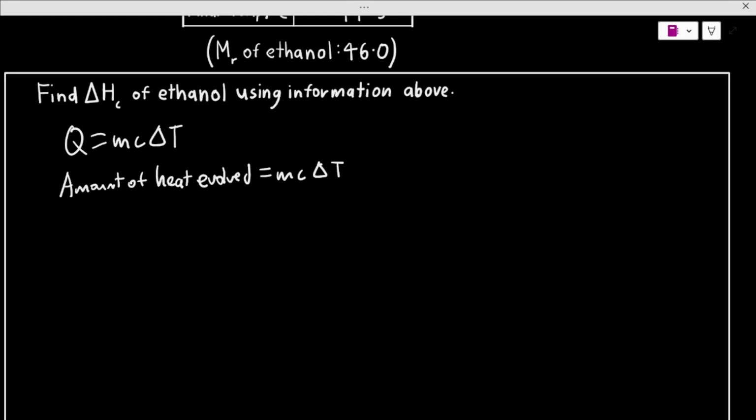Instead, I'm just going to write that amount of heat evolved is this, because I know that through combustion, heat is being evolved. It's exothermic. So I just need to know the amount of heat evolved.